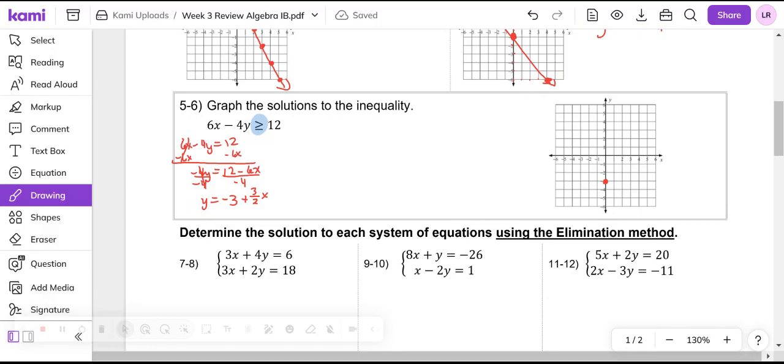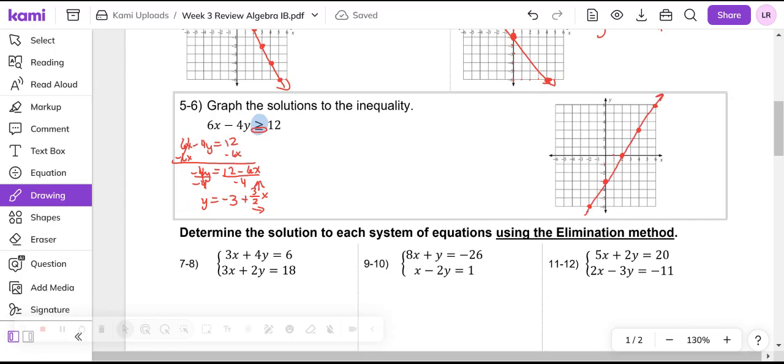My slope, I go up 3, right 2. Up 3, right 2. And I can follow that pattern to make extra points. Now, this has the or equal to line in it, so this would be a closed line. So it's a solid line.